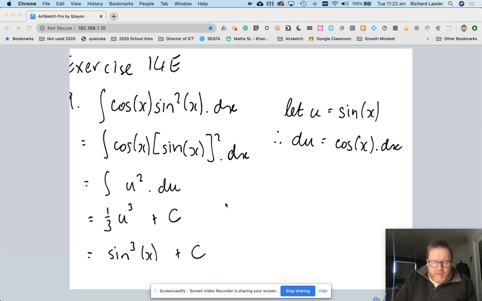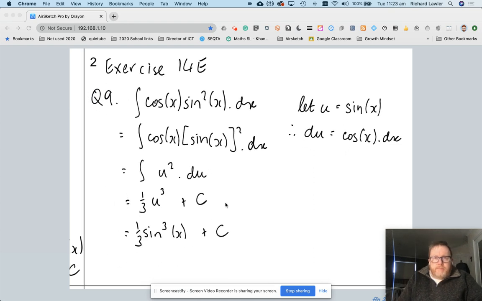Sorry, and I forgot the third. The textbook might have sine cubed x all over 3 plus c. That's fine as well. 1/3 of something is the same as dividing by 3. So either way is perfectly fine. So that's question 9. Let's flick on to question 10, I think.